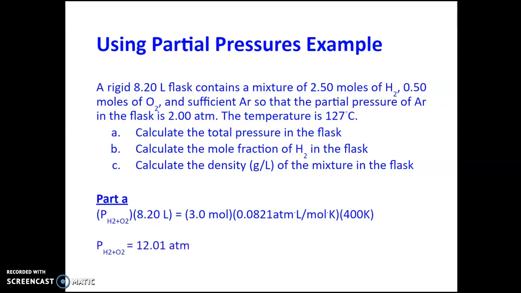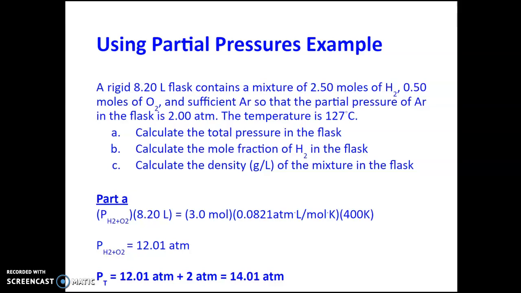So I'm going to go ahead and solve that out. That means there's 12.01 atmospheres contributed by oxygen and hydrogen. And then I can just add the 2 atmospheres contributed by argon, and that gives me a total of 14.01 atmospheres. So that is definitely my total pressure. So I checked off part A.